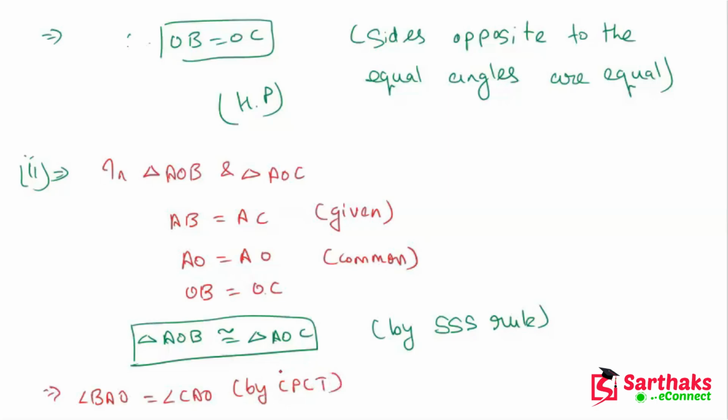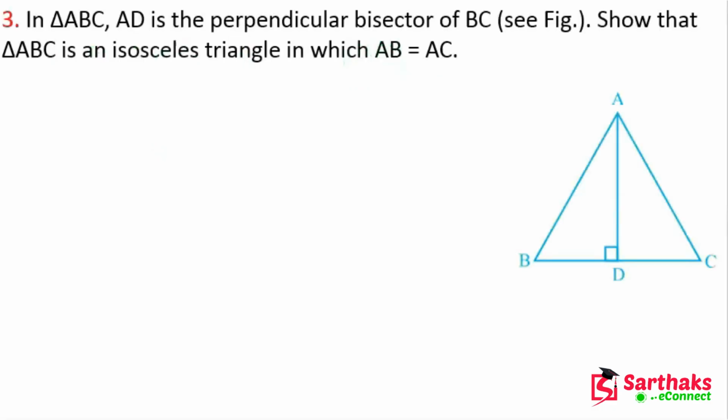Hence we can say AO bisects angle A. So this is hence proved. I hope you understand these things, my dear friends. Yes, so now let's move on.